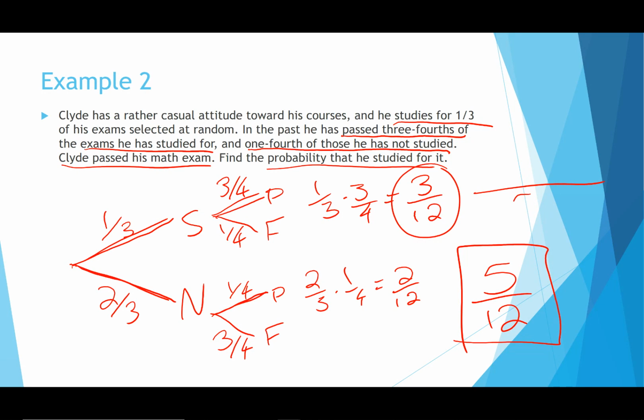So we know that the new overall probability is 5 out of 12. Of that, he studied for the test 3 out of 12. This is the probability he studied for the test. So 3/12 divided by 5/12.